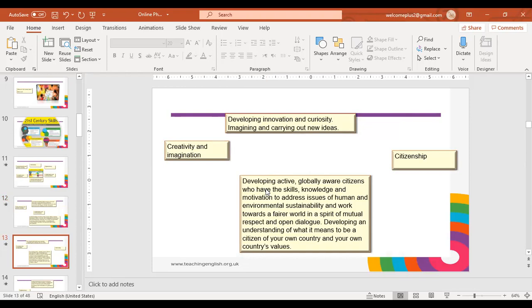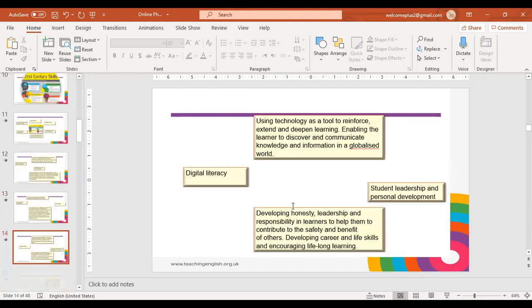And as for citizenship, developing active, globally aware citizens who have the skills, knowledge, and motivation to address issues of human and environmental sustainability. Okay, thank you.